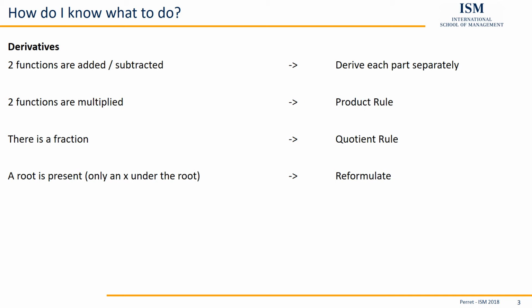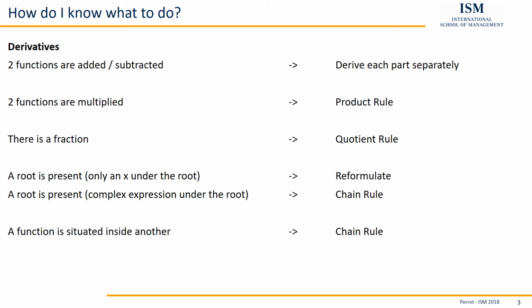However, if the root contains something else, so a more complex expression is under the root, then you need the so-called chain rule, which generalizes to one function being inserted into another function, situated inside another function.